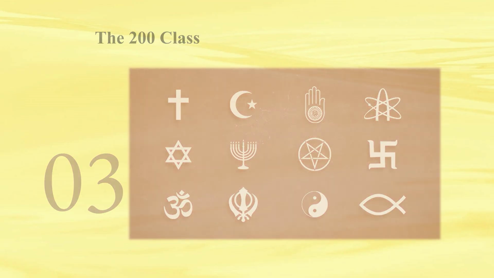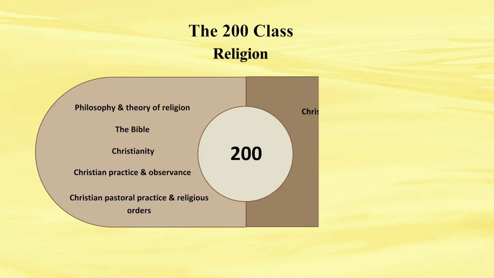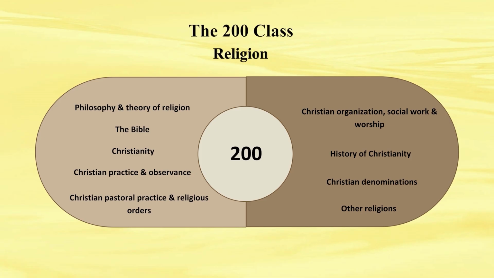So to classify it, you should know the different subdivisions of religion. The class 200 has again been divided into 10 divisions like this: philosophy and theory of religion, the Bible, Christianity, Christian practice and observance, Christian pastoral practice and religious order, Christian organization, social work and worship, history of Christianity, Christian denomination, and finally 290 other religions.